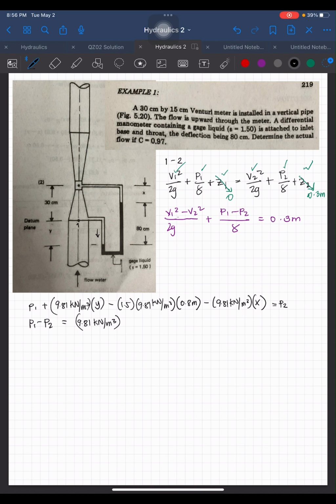In-extra ko na lahat para ang mangyayari na lang is negative Y minus 1.5 times 0.8 meters, plus pala yan, then plus X equal to P1 minus P2.